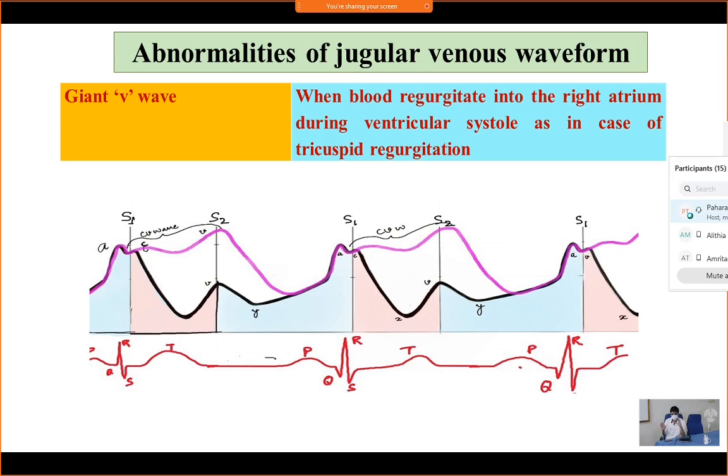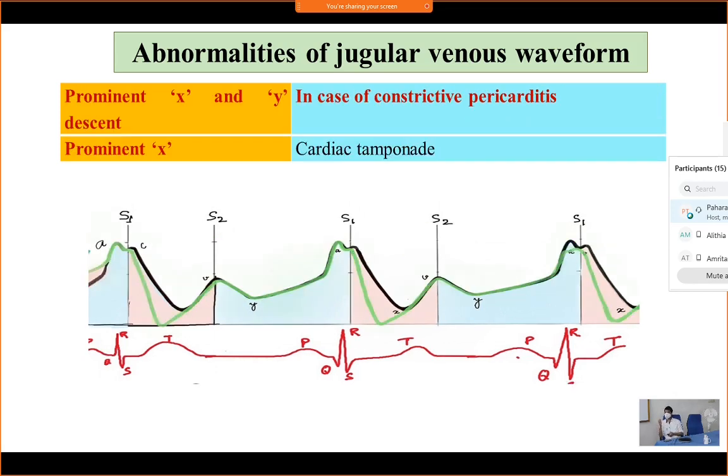But just imagine if the AV valve is incompetent, there will be regurgitation of blood from the ventricle to the atria during the ventricular systole, and that will come to the right atrium and then be reflected to the venous system. So we get a giant V wave, typically in tricuspid regurgitation.